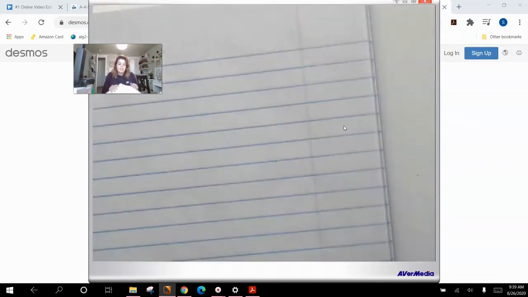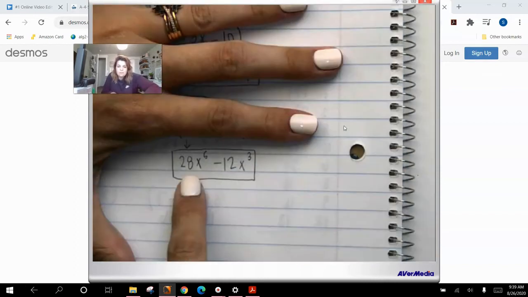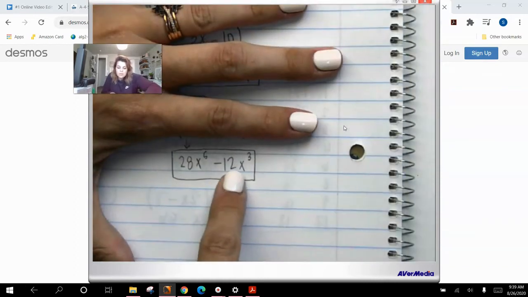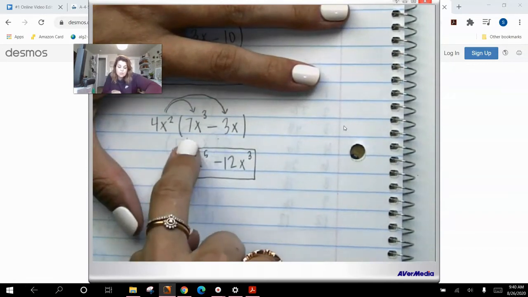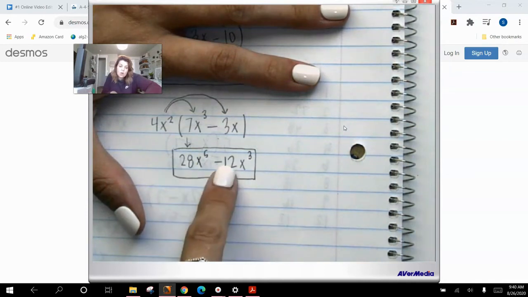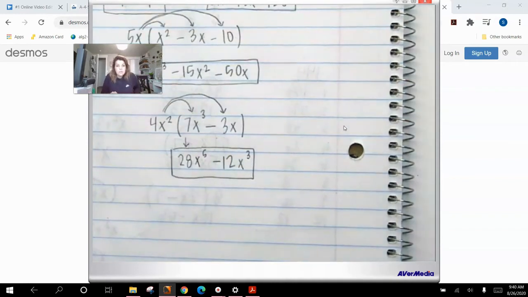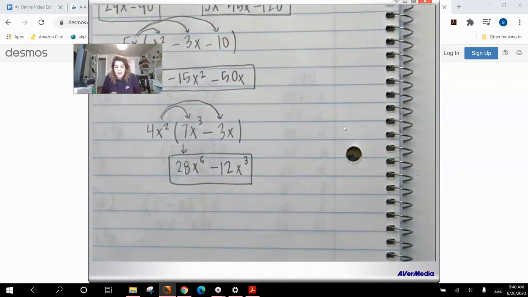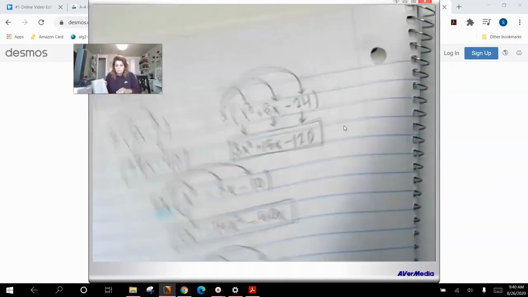It's the same thing here. If you want to have 28x to the 5th minus 12x cubed, this is what you would multiply together to get that. So we are factoring today, but we're factoring what is called an algebraic expression. So that is the review needed, or the intro to the task that we are going to do today.